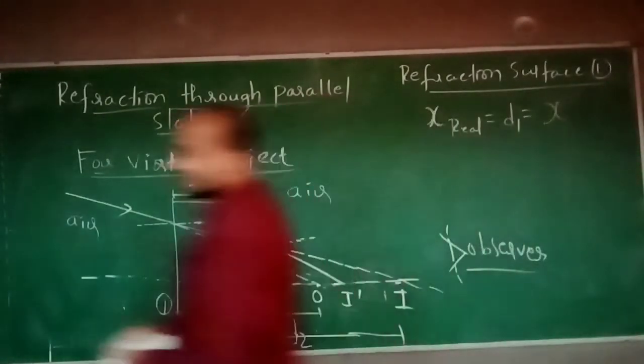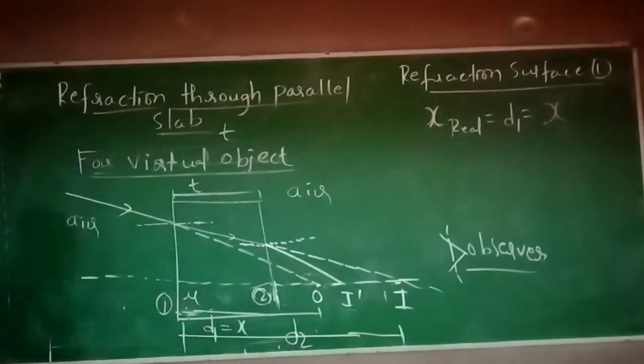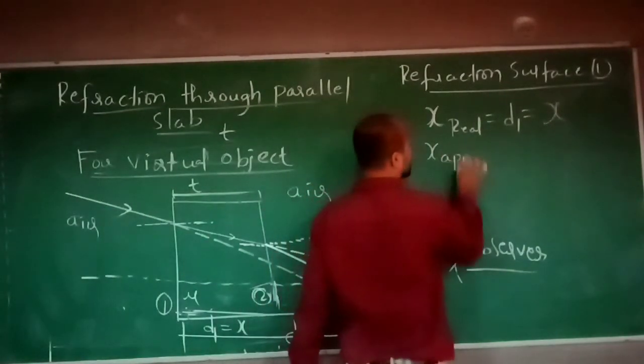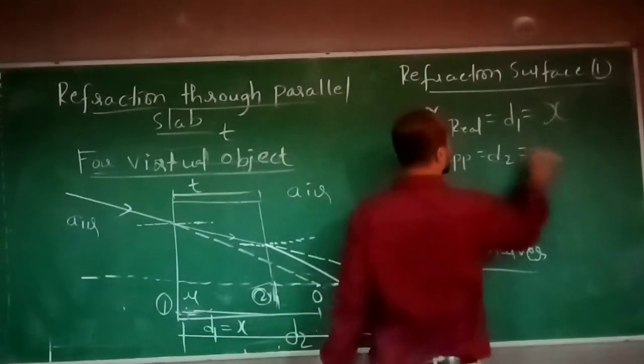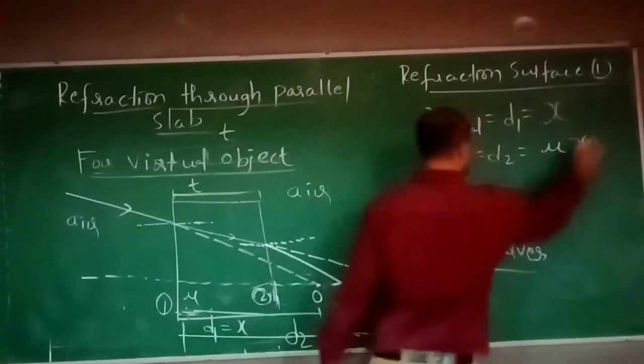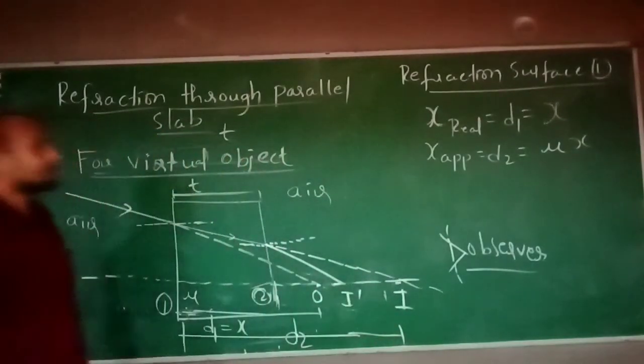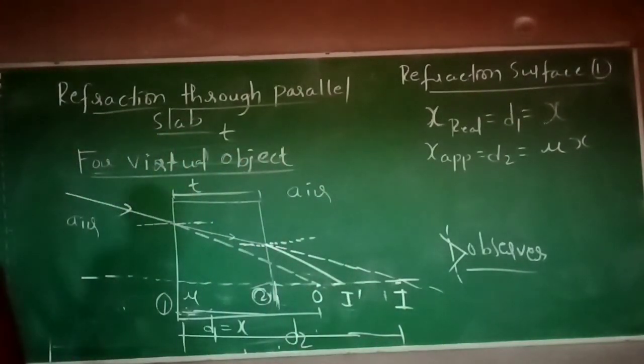So the apparent depth will be d2, which will be equal to mu into x. Got it now? So this is the apparent depth which is going to happen for this image.